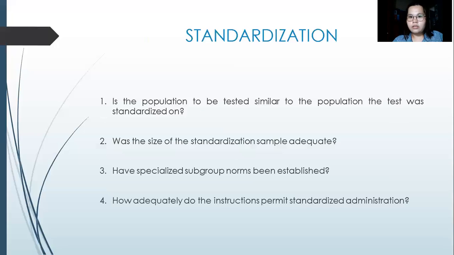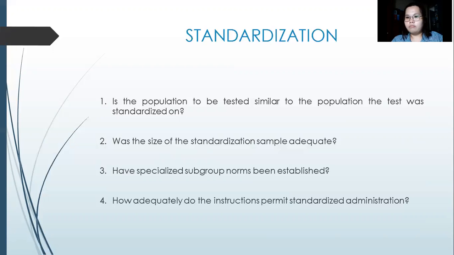Next naman, standardization. Is the population to be tested similar to the population the test was standardized on? Was the test of the standardization sample adequate? Have specialized subgroup norms been established? How adequately do the instructions permit standardized administration? Dito, for example, ang bibigyan mo ng test is manggagaling sa diverse population.